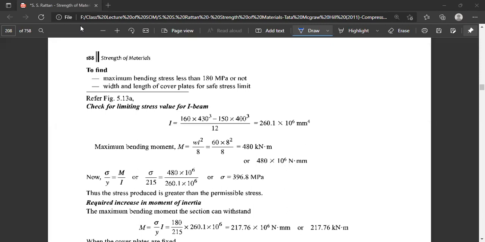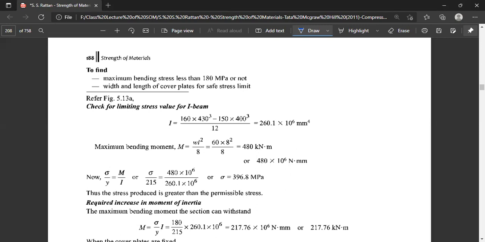So first of all, we have to find out the limiting stress value of the I-beam. In order to do this, we are supposed to find out the moment of inertia of the I-beam.